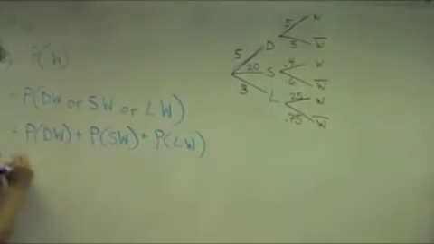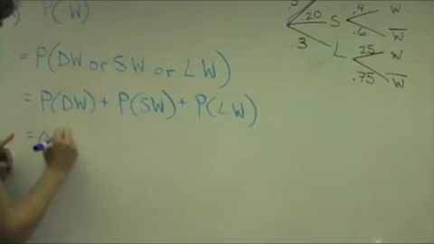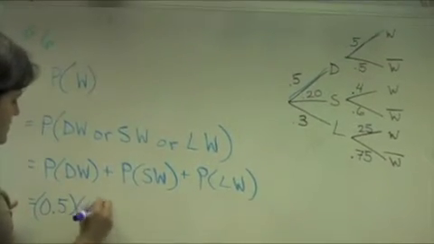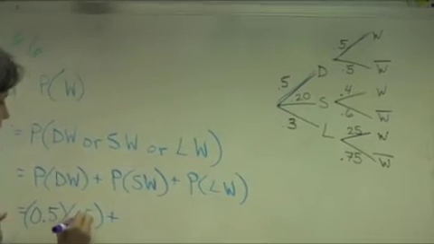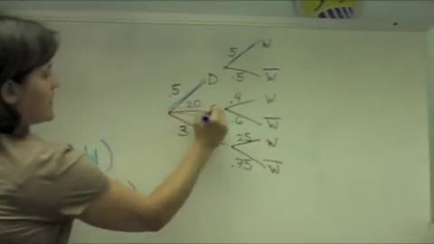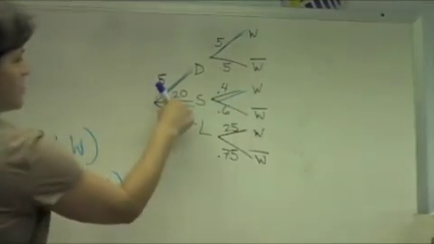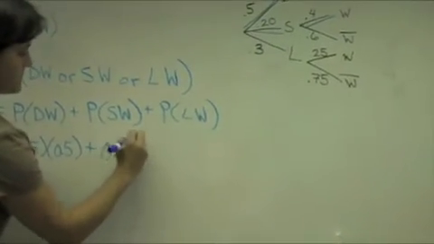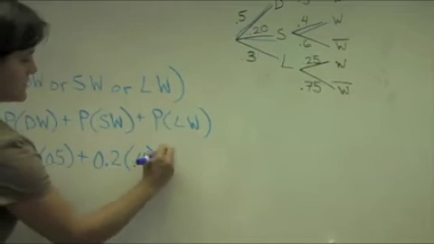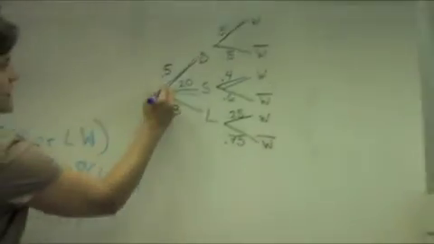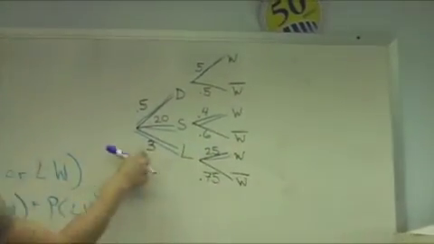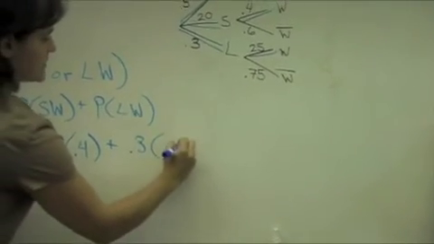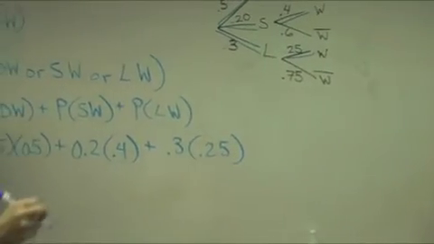So that's going to be 0.5 times 0.5 plus Seattle and white, so we've got 0.2 times 0.4 plus LA and white gives us 0.3 times 0.25.